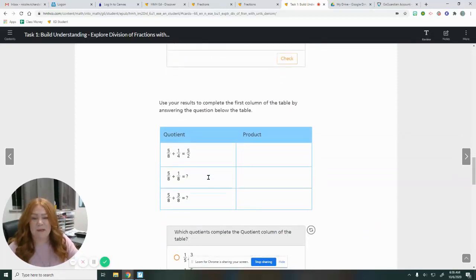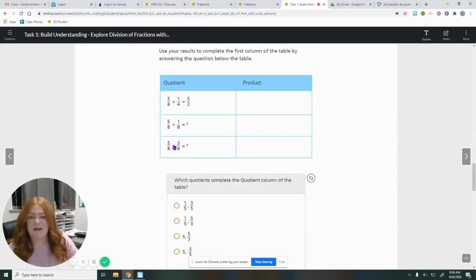Okay, we are going to fill in this chart of her results. The first time she had 5/8, and we divided it into groups of 1/4. 5 divided by 1 is 5. 8 divided by 4 is 2. 2 goes into 5 2 times with 1/2 left over. 2.5, which is what we found up here. 5 divided by 1 is 5. 8 divided by 8 is 1. 5 divided by 1 is 5 whole times.